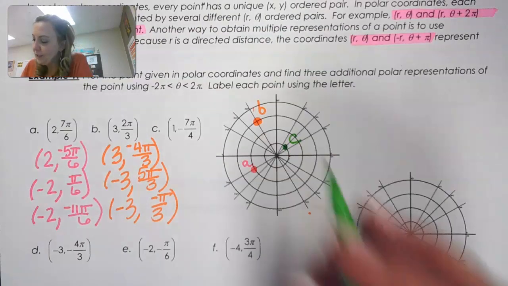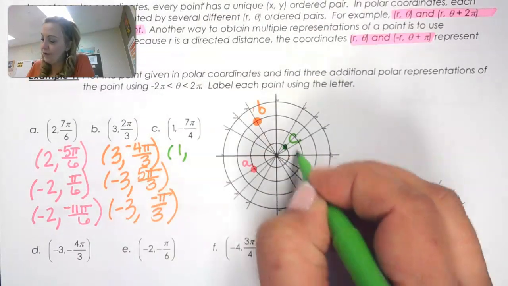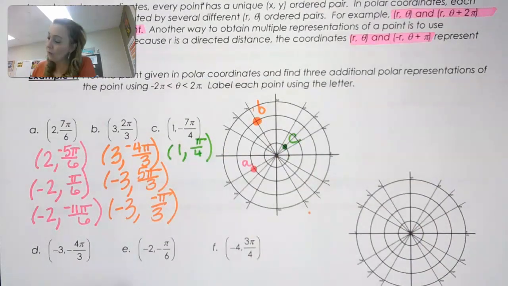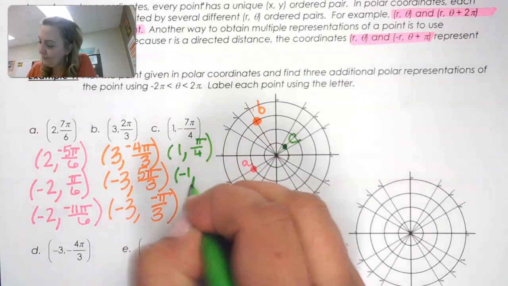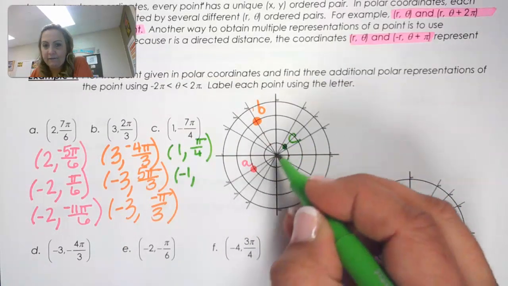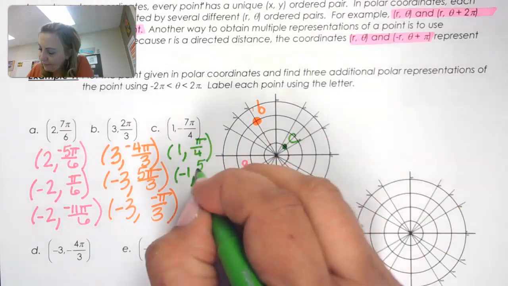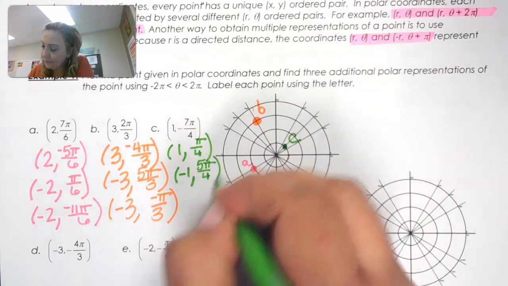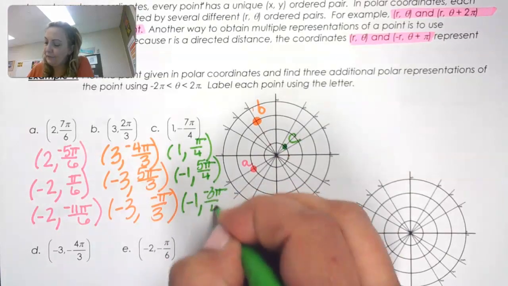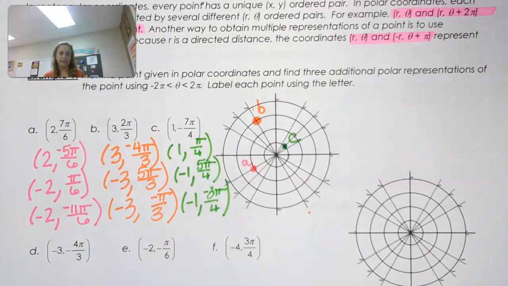Okay. So I could also call that (1, positive pi/4), or I could change R to a negative value, and then instead I'd be using 5/4 pi, or if I went in the negative direction, negative 3/4 pi.